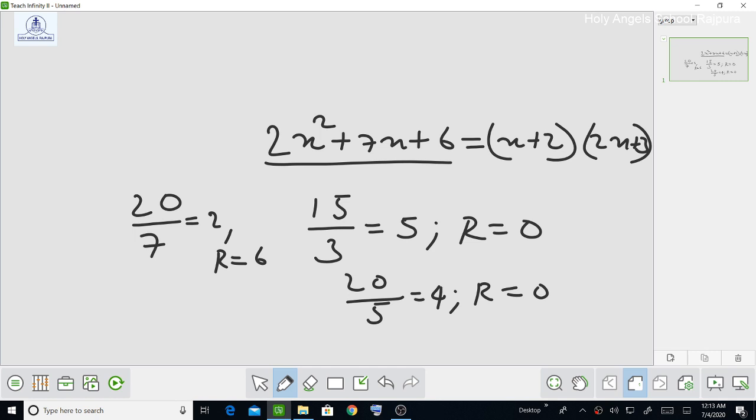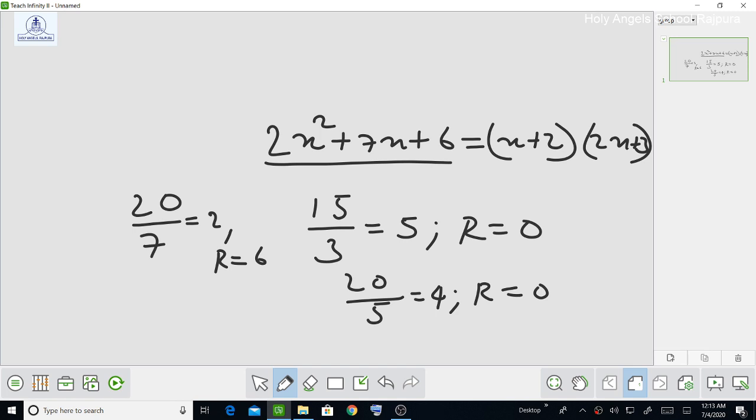That shows that neither 7 nor 2 are factors of 20. Whenever we get a remainder, that gives a clear picture that it is not a factor.